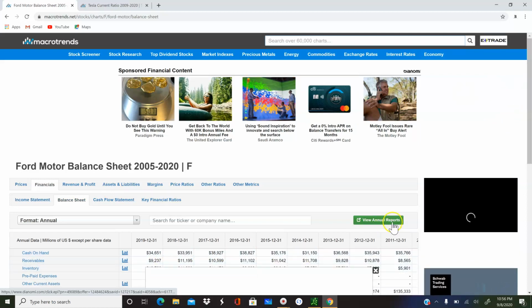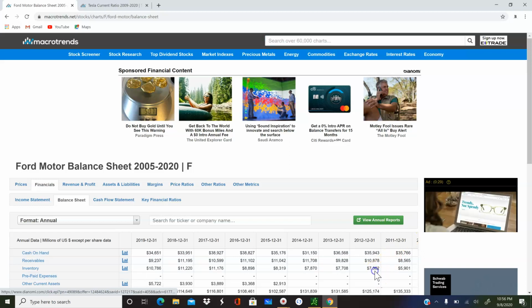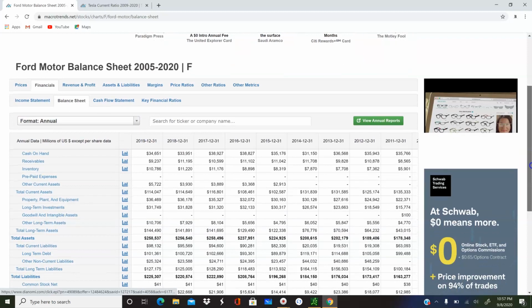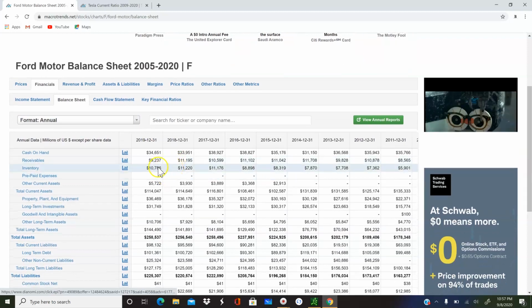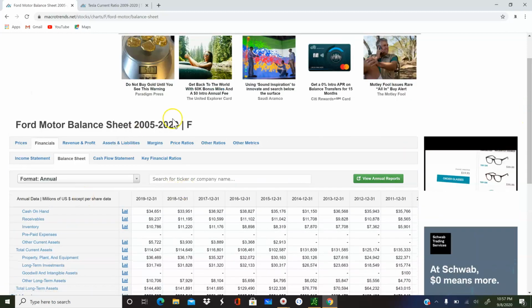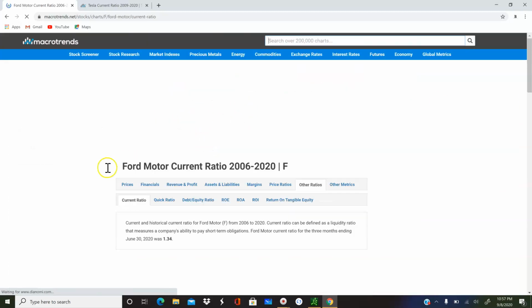Inventory is in, is this billions? Yeah, looks like it. So that's 10 billion in inventory, right? That's why I chose this one as an example. So let's go back to the ratios.